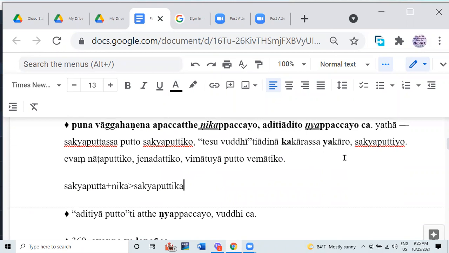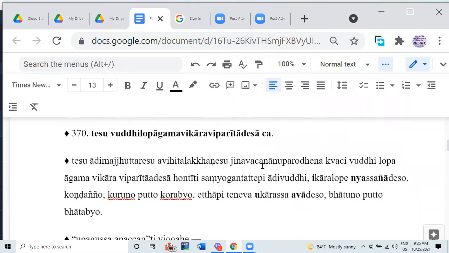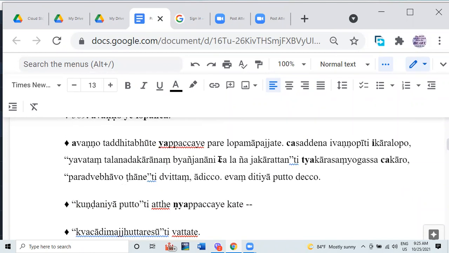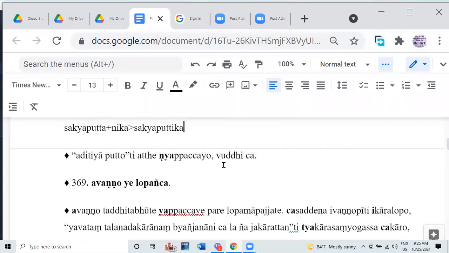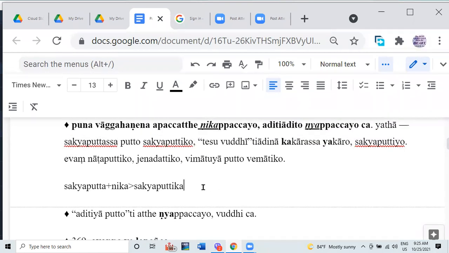When the Sutta Tesu Didi Bagamavika Saja applies, ka changes to ya. So we have Sajabodhika, Sajabodhiya.